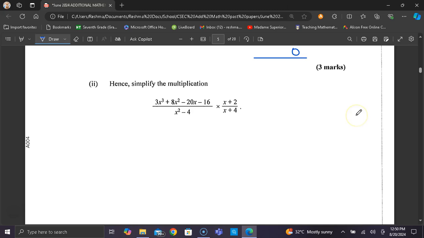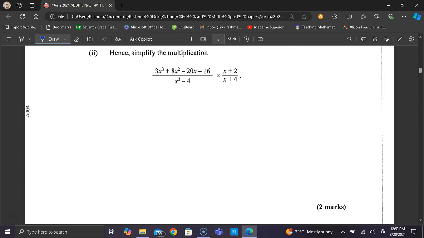Let us just write the numerator as the product of those 3 linear factors: x minus 2, 3x plus 2, and x plus 4.